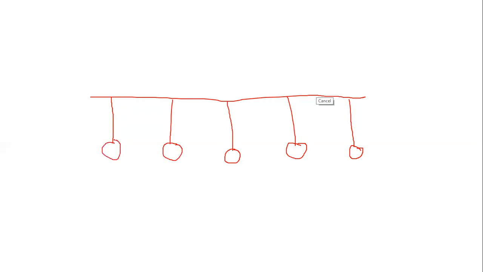So let's say this is A, this is B, this is C, this is D, this is E. Let me just finish them off so that it may not be confusing to some.